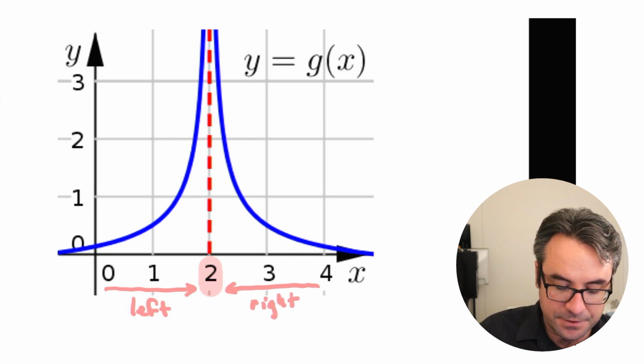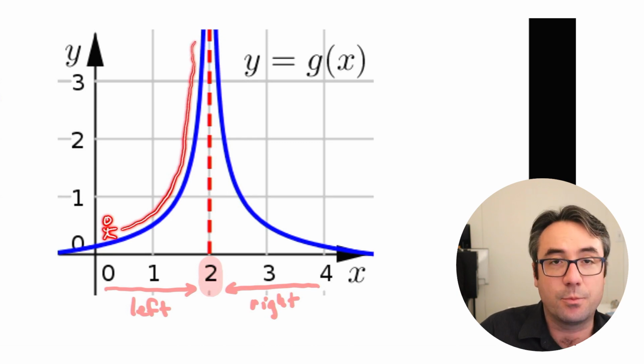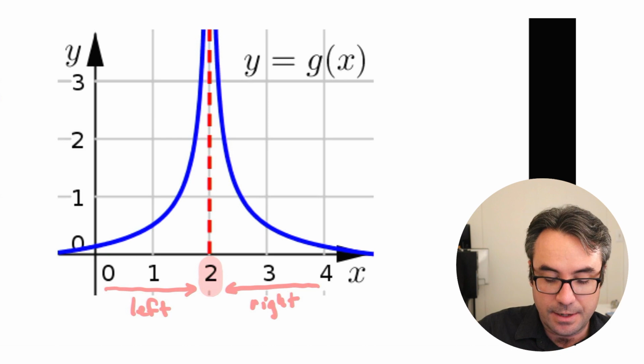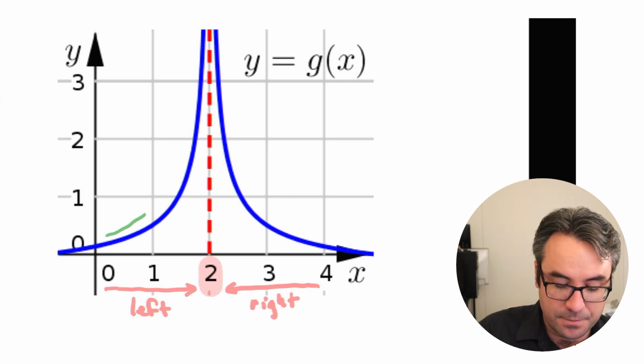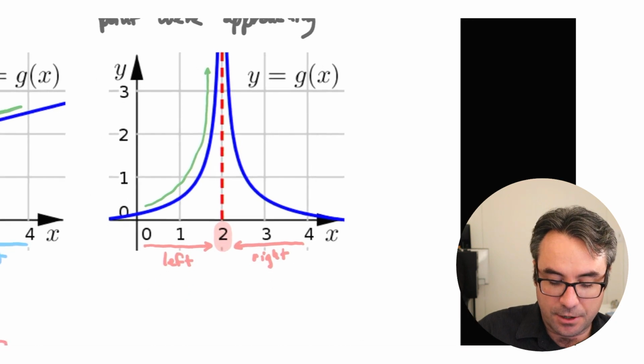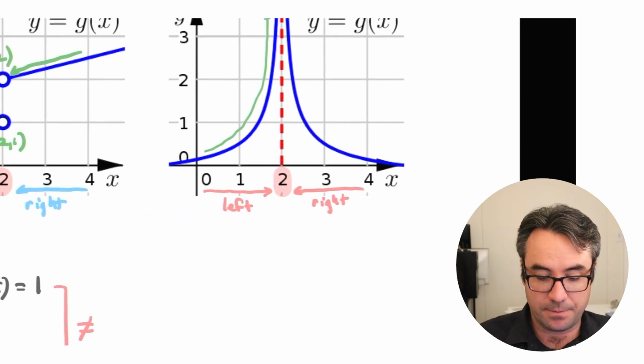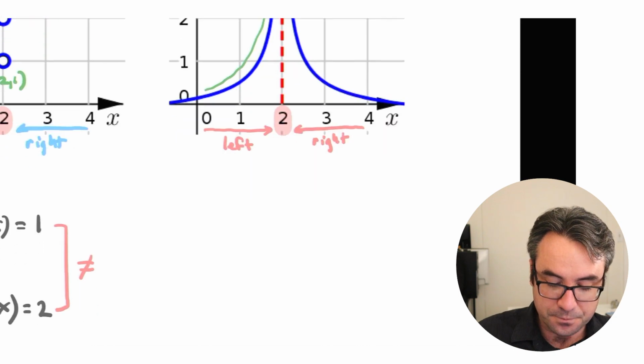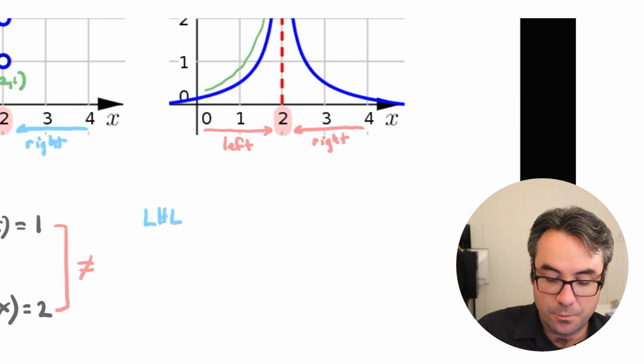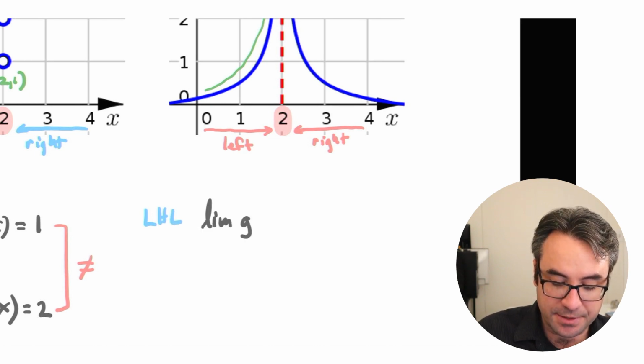If we go from the left, imagine yourself standing on the curve and walking along it, and we just keep going up and up and up. We keep getting higher and higher. Our curve just keeps getting bigger and bigger. So for our left-hand limit, we're doing the limit of g of x as x approaches 2 from the left.